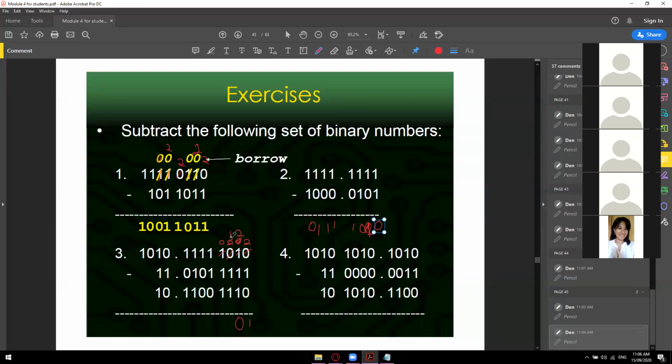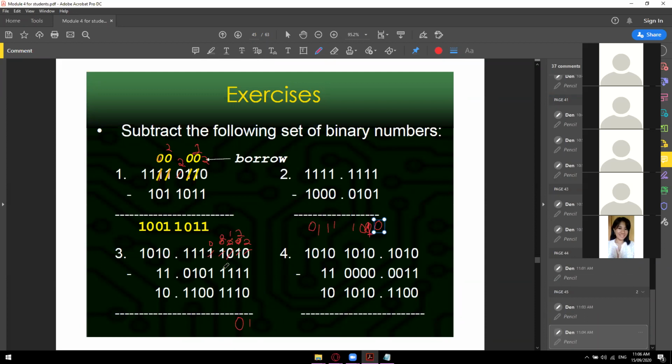Okay? So, 1 minus 1, 0. And then 0 minus 1 cannot be, so we have to borrow again. Pero kailangan mo nang humiram nito since 0 siya. So, 0 will become 2, 1 will become 0. Okay? So, balik tayo dito. So, 1 minus 1, 0.